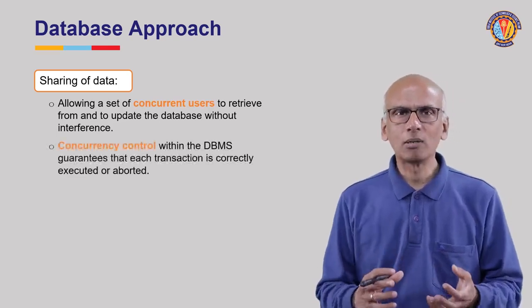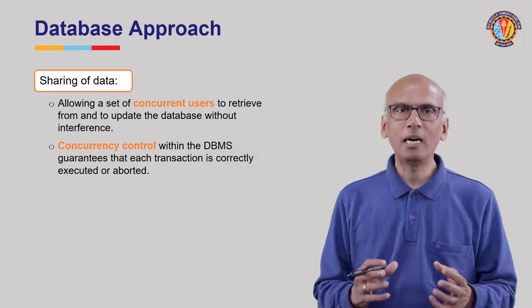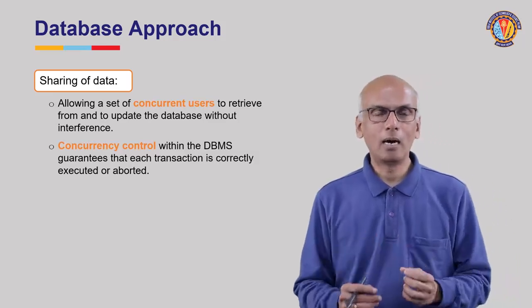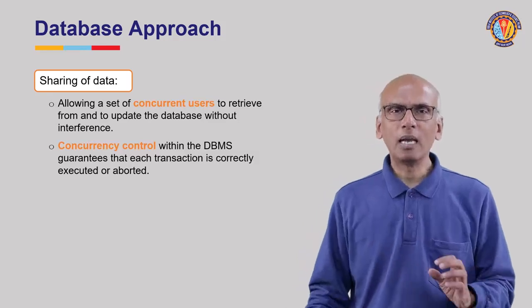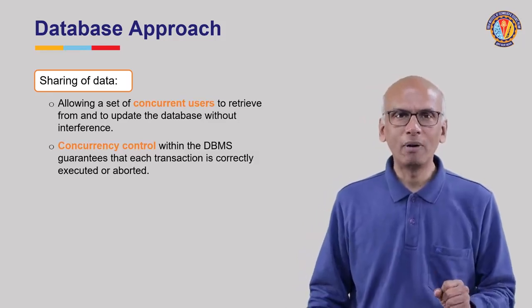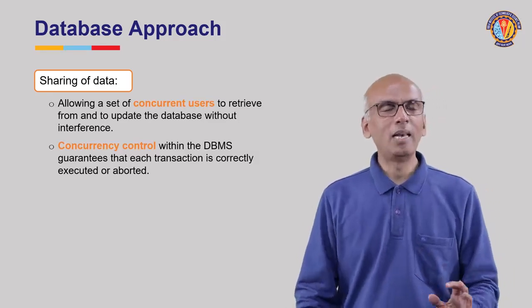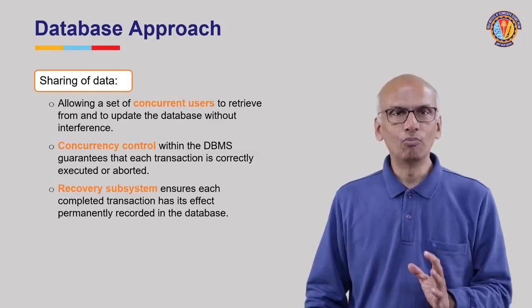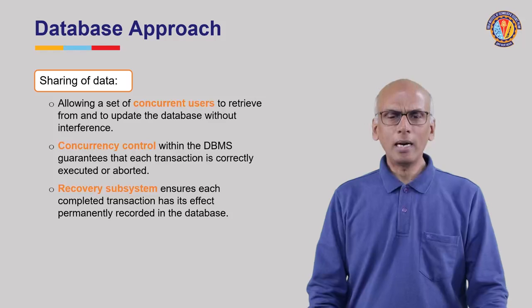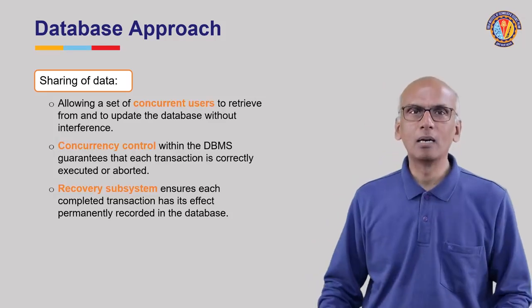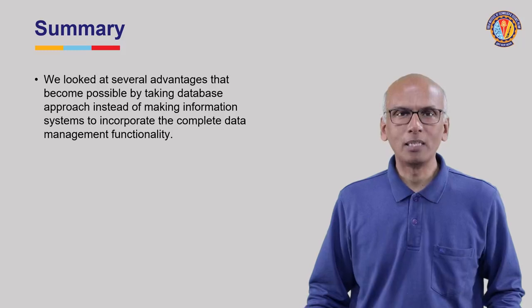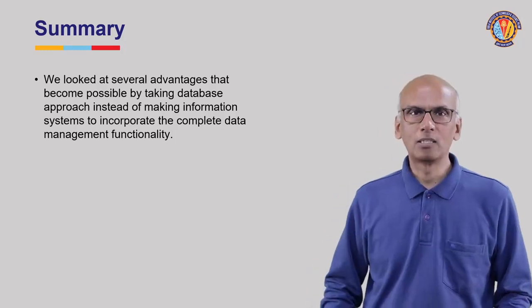So the DBMS software will have the ability to identify such transactions and ensure that they are completely executed. Further, if there are any unforeseen events, the DBMS software will have the ability to recover to a state which is valid. So the database approach is helping us in several ways and simplifying the development and the user experience. Thank you.